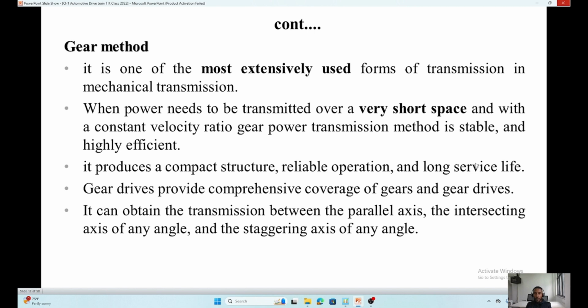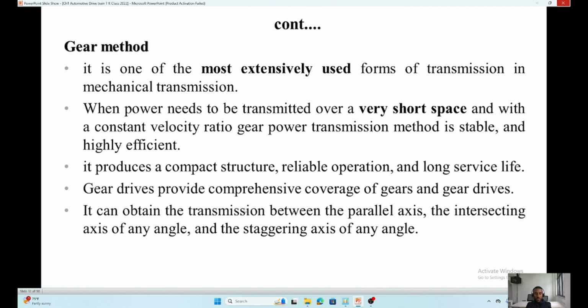So gears are highly efficient in transmitting power, and the product will have a compact structure, reliable operation, and longer service life, which means it's really durable. It cannot wear and tear easily relative to the belts.